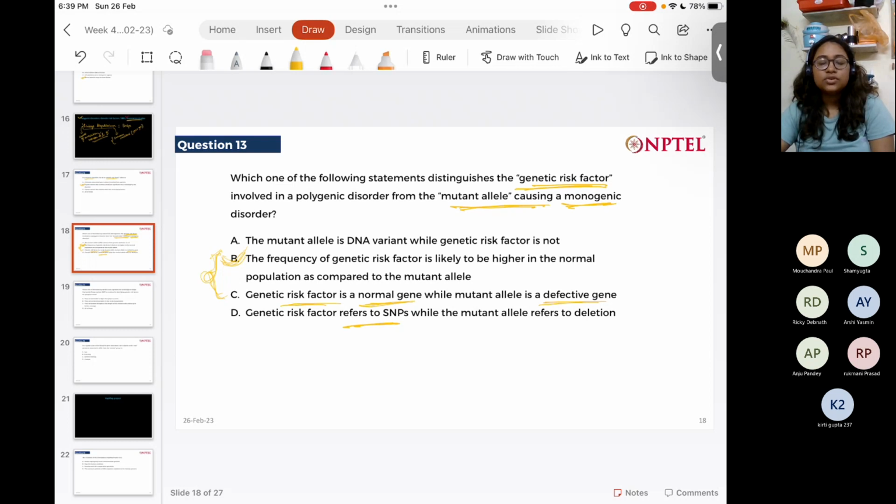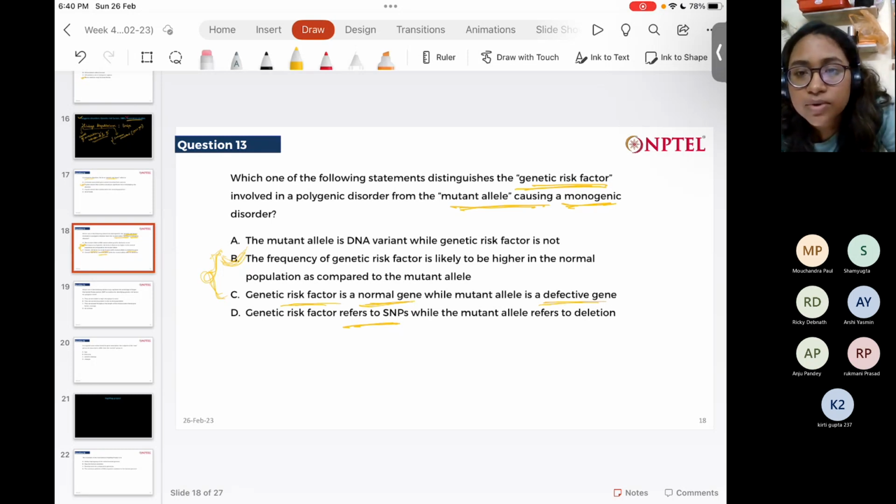What do you guys think? Do you guys also have a bit of confusion between B and C? Or is it just me and Ricky over here? Samyukta Gupta, right?